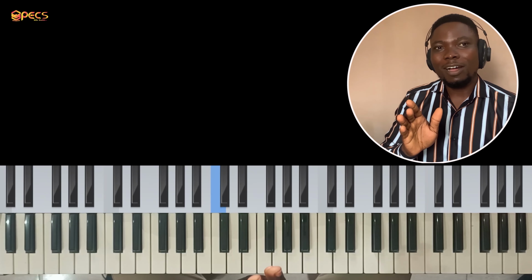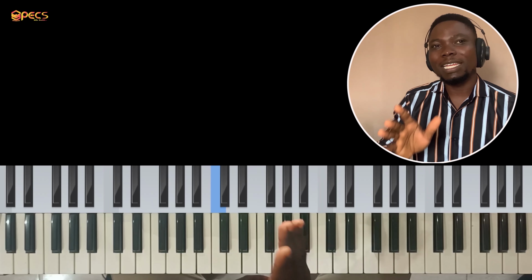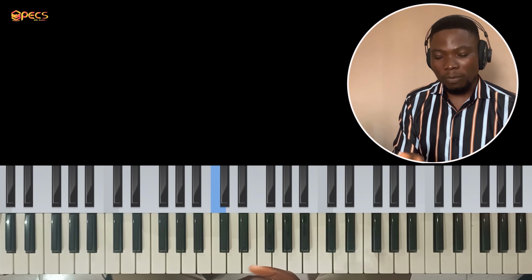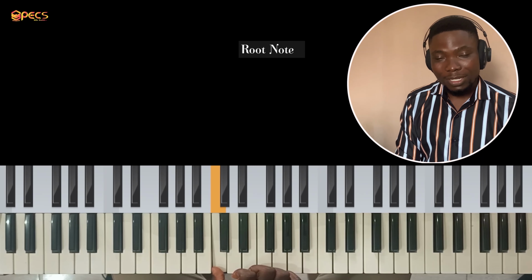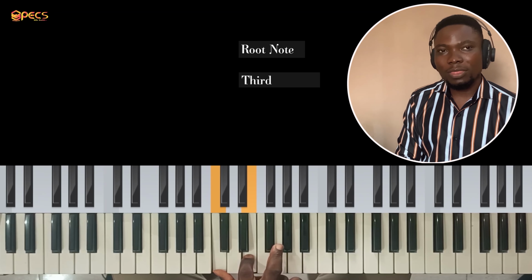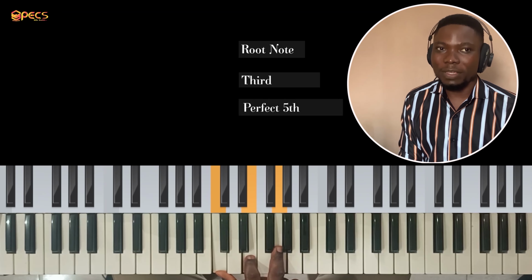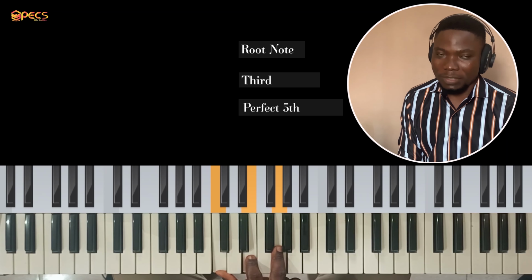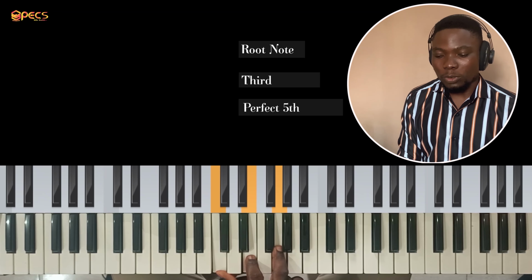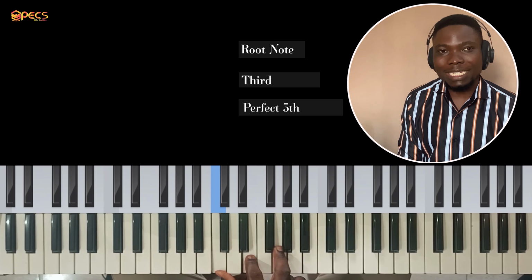That is why all this way I've been explaining. So a triad chord is built on the root note, the third above it, and the perfect fifth, or you can just say fifth, depending on the kind of chord you want to build. So that is a chord.